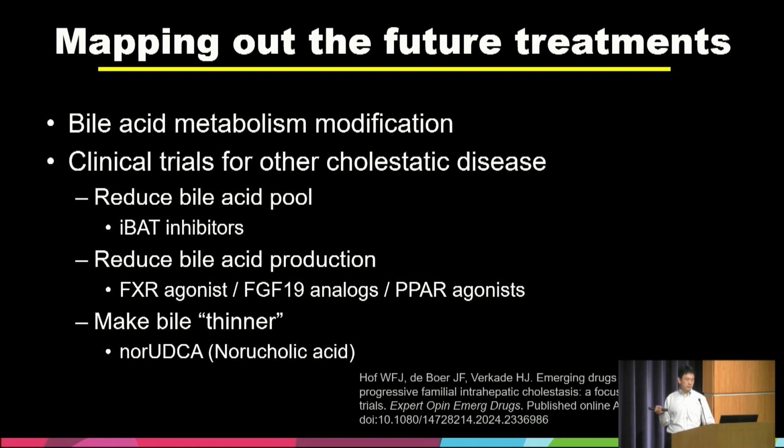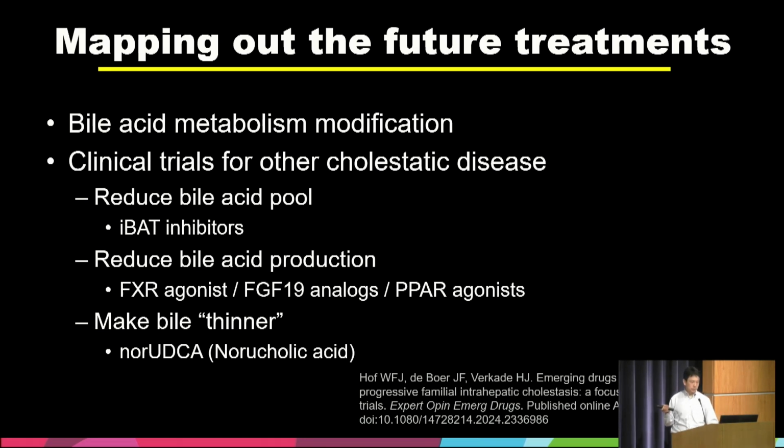Next is bile acid metabolism modification. This is ongoing. Clinical trials for other cholestatic diseases are already happening, and some are already in the PFIC world too. Reducing the bile acid pool is done with IBAT inhibitors, and there are some more.